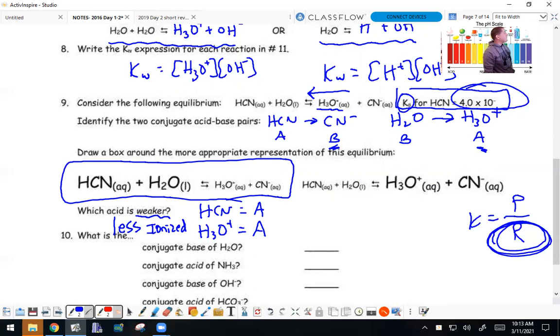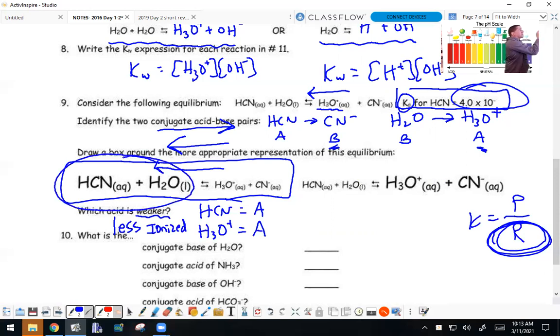Okay, so which acid's weaker then? Well, is the reaction favored going from left to right, or from right to left? It's favored going left to right because there's more of the reactants than there are the products. Again, a K value less than 1. So that would mean it's ionizing in the right to left direction more so than the left to right, which means HCN is not being ionized as much as H3O plus is.